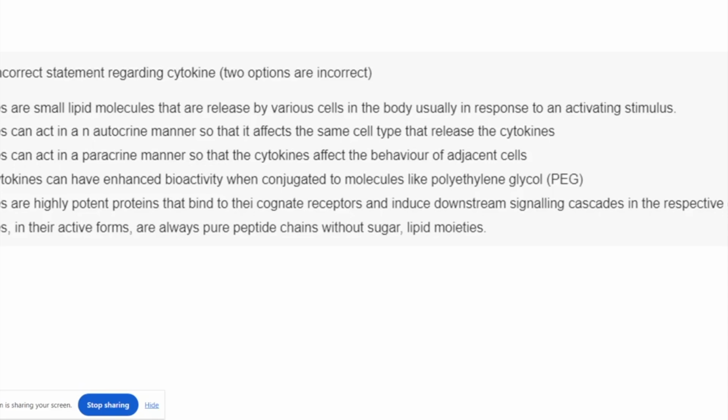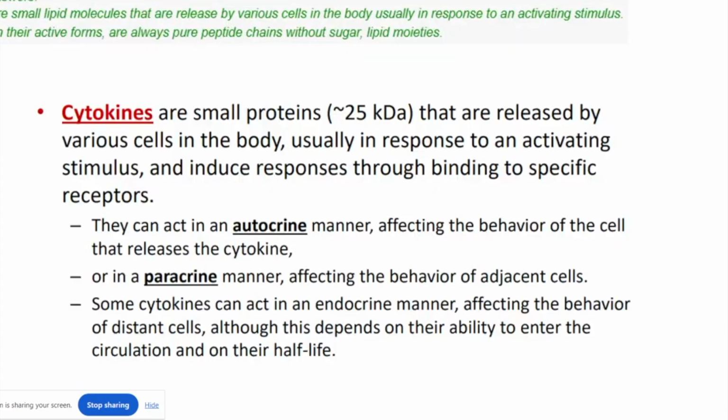Anybody else would like to answer? There are two incorrect options regarding cytokines here. Yes, first and last options are correct.